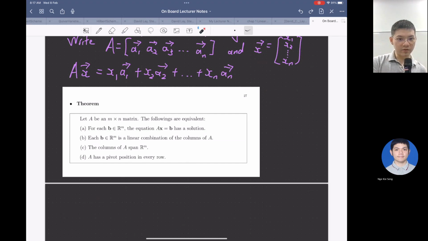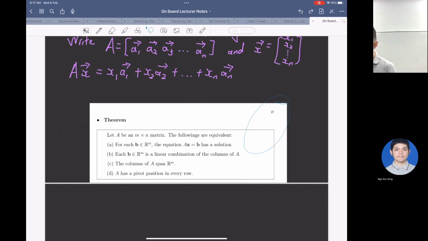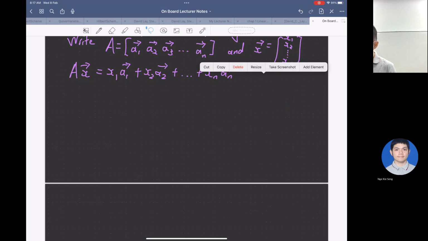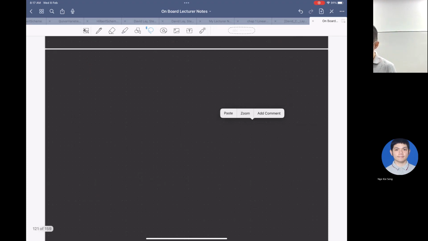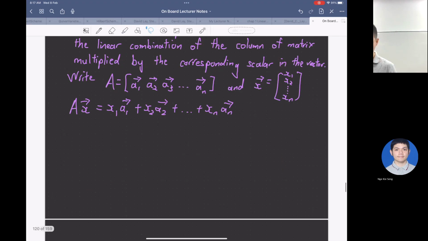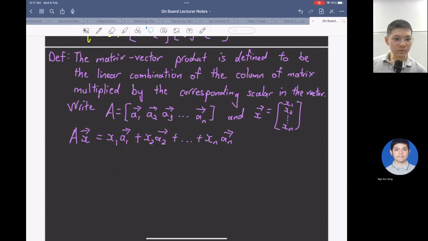Before we talk about this theorem, we should remind ourselves of another definition first. You might ask why we care about this form.